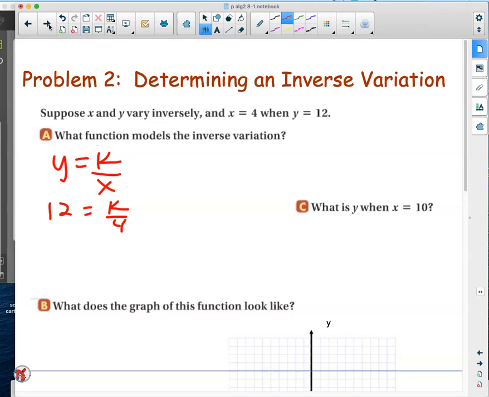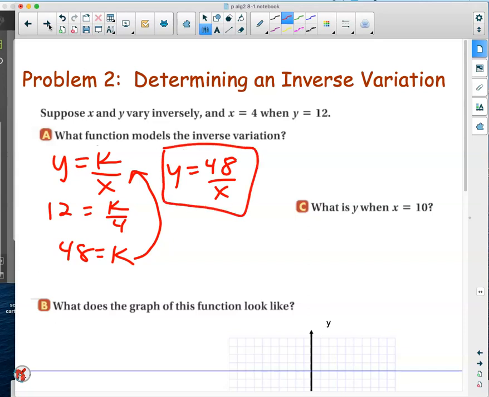And I realize I can find k just by multiplying both sides by 4. Now I can write the equation because I know what k is. So this goes back up here. So what function models the inverse variation? That little bugger right there. Y equals 48 over x.